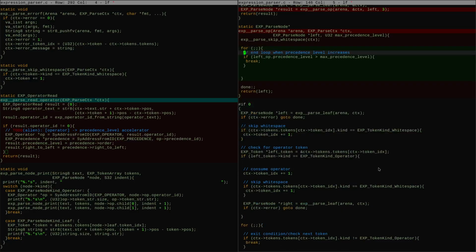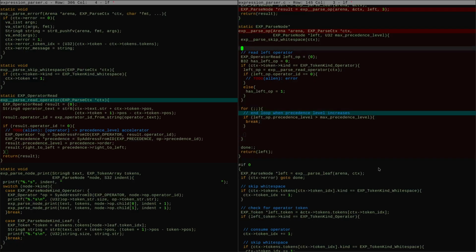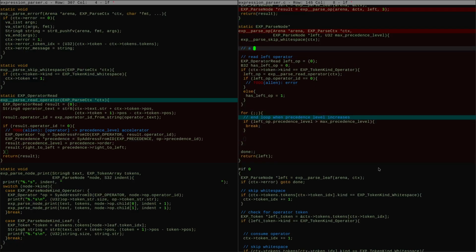Still a little confused, but maybe this doesn't go in the loop. Maybe you read the left operator. You read the left, so I've already parsed A. I read the left operator. I begin a loop.